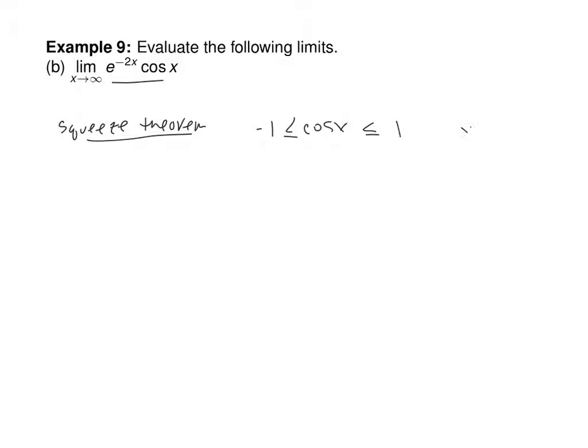So multiply this by e to the negative 2x. So negative e to the negative 2x is less than or equal to e to the negative 2x cosine x, which is less than or equal to e to the negative 2x.